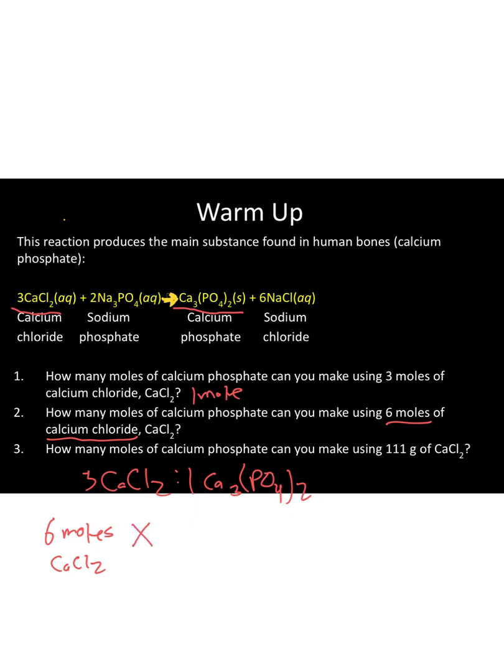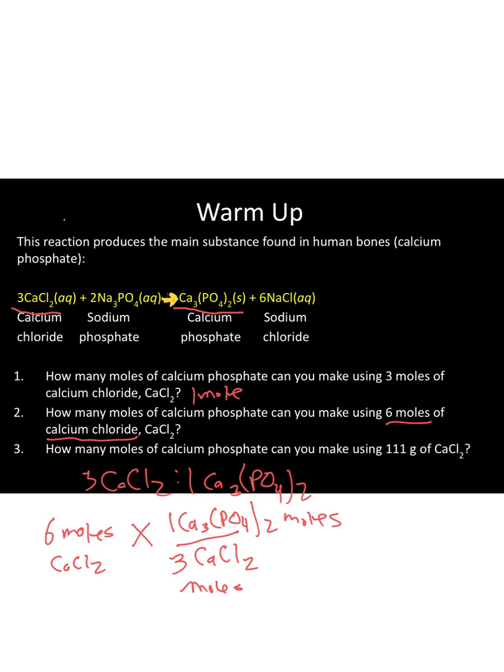Set up times line, and then I'm going to put in the mole ratio. So what I want is to have the moles of calcium phosphate. So that goes on top, and there's 1 calcium phosphate for every 3 moles of calcium chloride. Writing in the moles to make sure I keep track of what units I'm talking about.